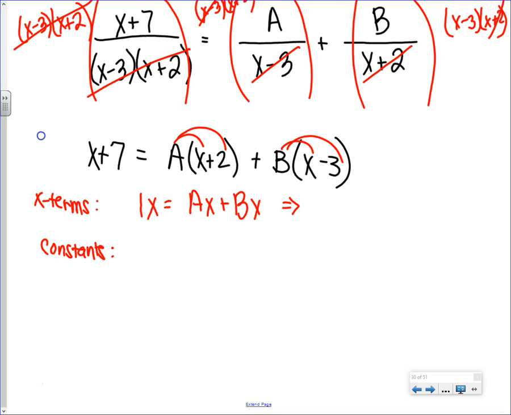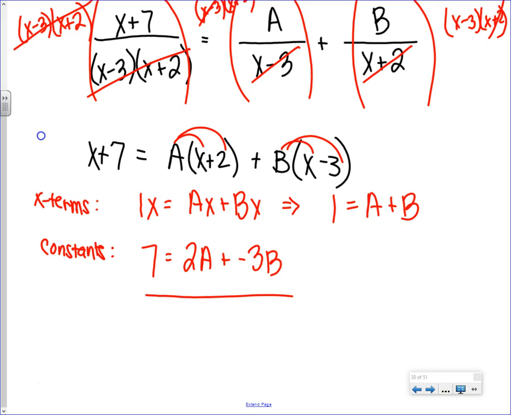If I divide everybody by x, I get 1 equals a plus b. And constants, from the left side I get 7, and from the right side I get 2a that has no x, and -3b that has no x either. And all of a sudden I have a system of equations.